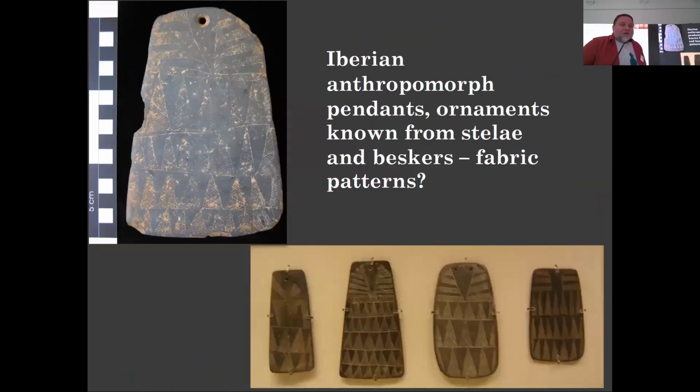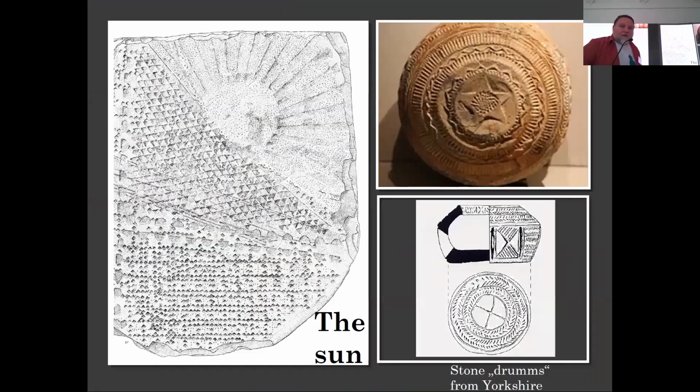Also, we should mention the beautiful pendants from the Iberian Peninsula, which are possibly depicting some kind of ceremonial dress of human beings, and we can compare it to the stoneworks of Sion Petit Chasseur.